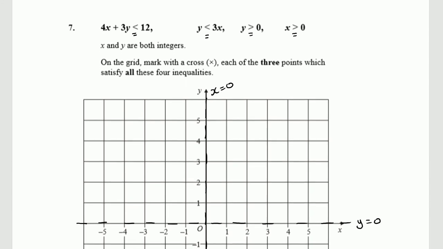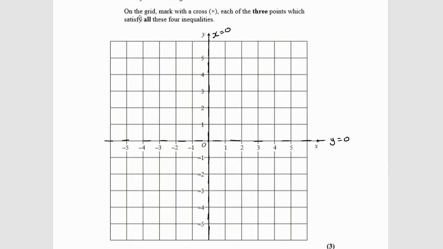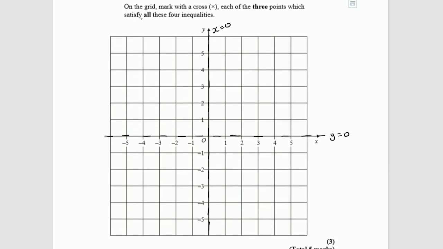For y equals 3x, that's going to be a line going through the origin with a gradient of 3. I'm just thinking about y equals mx plus c when I do that. So a line going through the origin gradient 3, let's start it here and go 1 across, 3 up, 1 across, 3 up. I could also go this way, 1 backwards, 3 down. 1 backwards, 3 down.